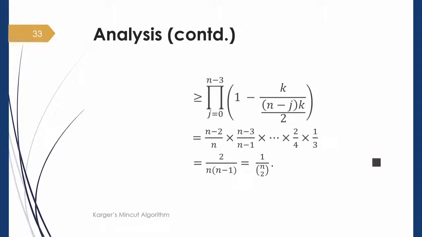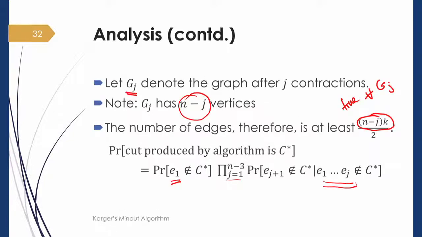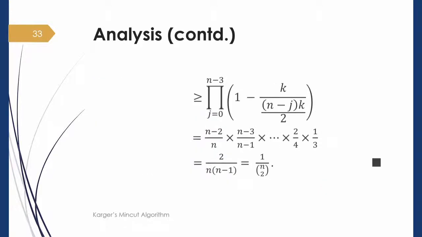So, just working through that product, we get this. What we have here is the probabilities that each of the Ej plus 1s don't belong to C star. Now, what is the probability of actually picking an element from C star?